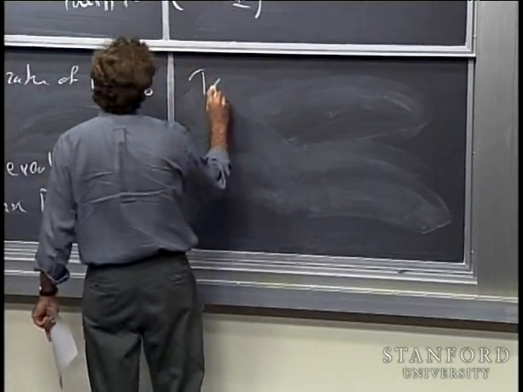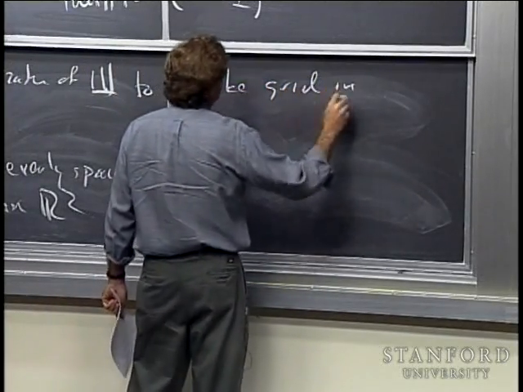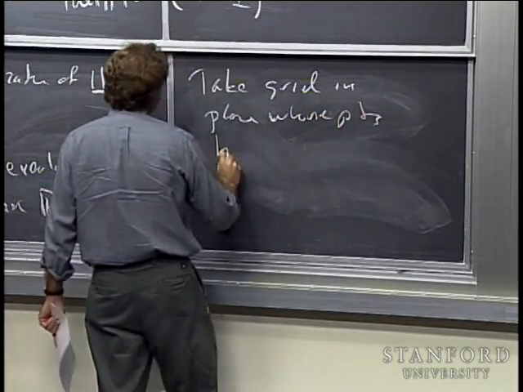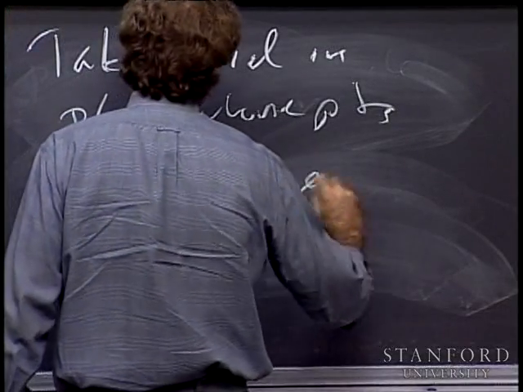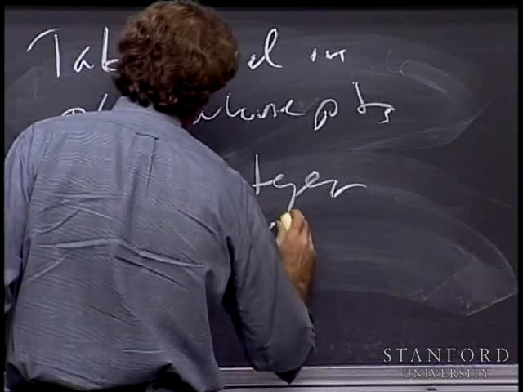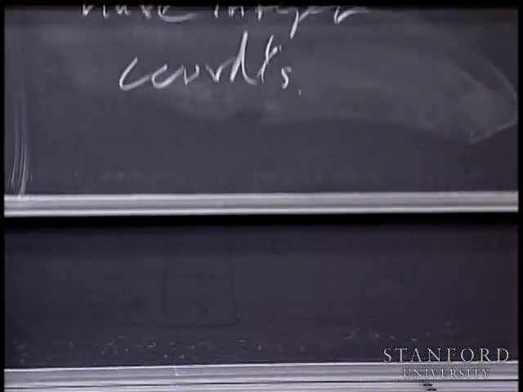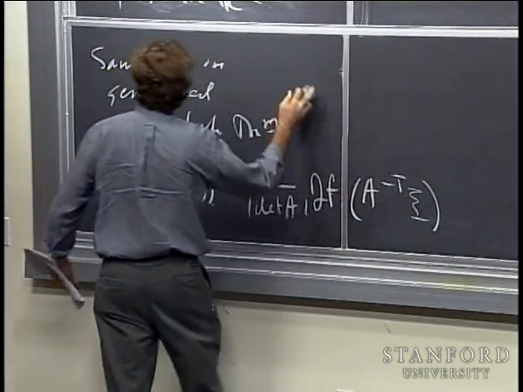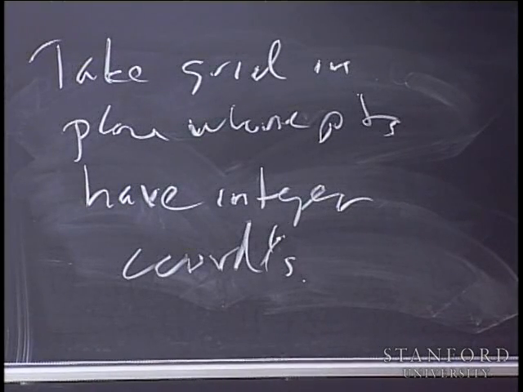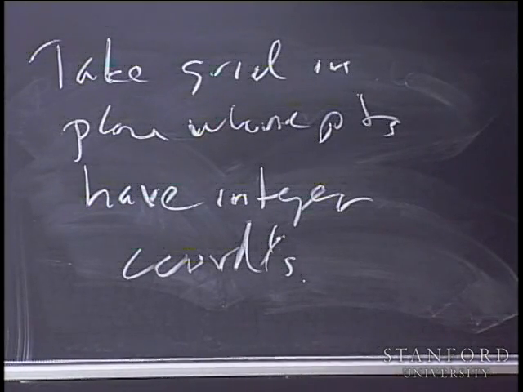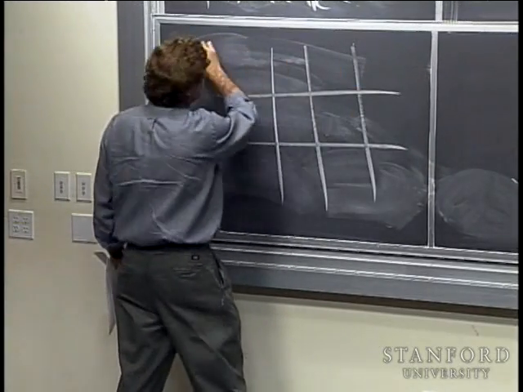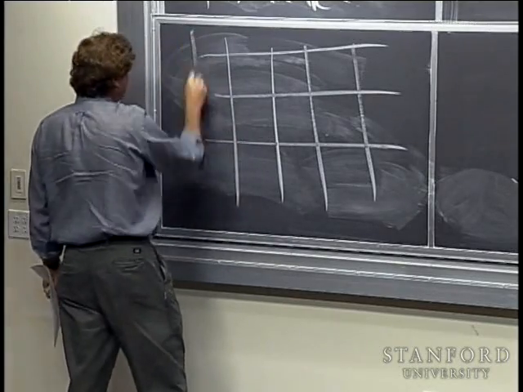So I'll take a grid in the plane whose points have integer coordinates, like so. So that's going to be my model for evenly spaced points in the plane. And of course, in higher dimensions, it would be the similar sort of thing. I would take points with integer coordinates in R3 or in higher dimensions.